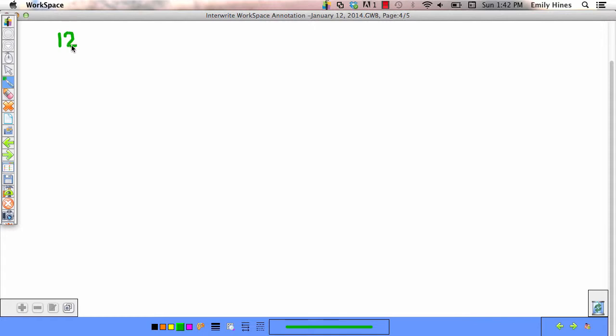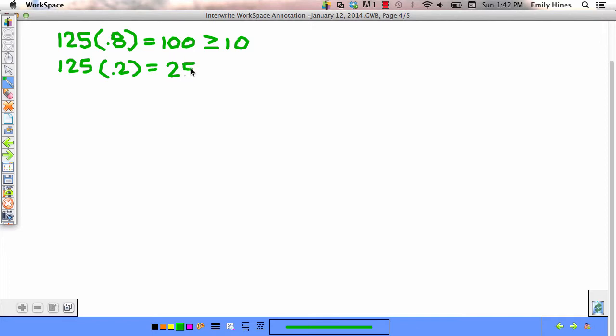Our sample size is 125. So N times P, that's going to give me 100, which is definitely greater than or equal to 10. And 125 times 0.2, that gives me 25, which is still greater than or equal to 10.